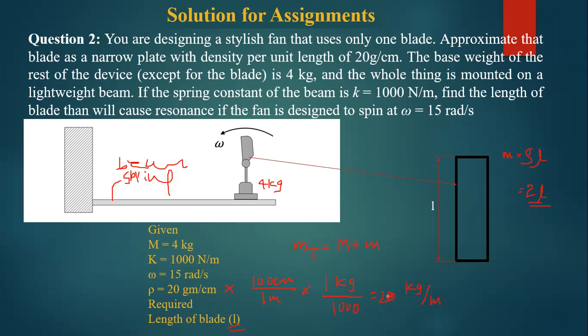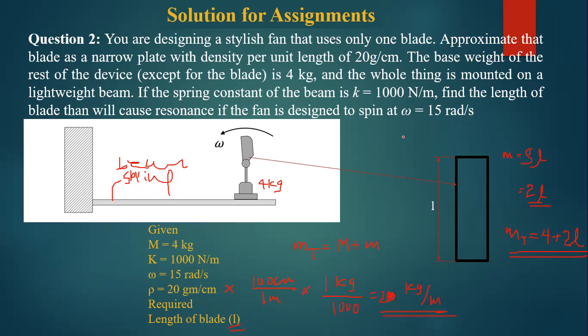So rho L is equal to 2L in the SI unit system, in kilograms. Once we get this M, total mass MT is equal to 4 plus 2L. What we are going to find is L, so let's put it in this form.